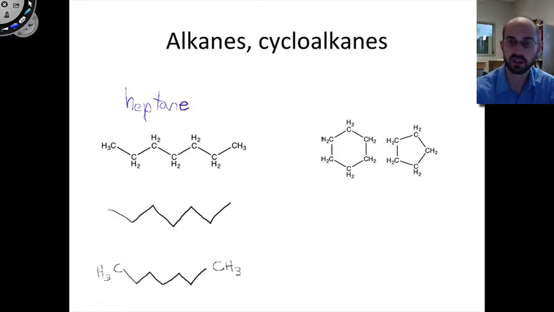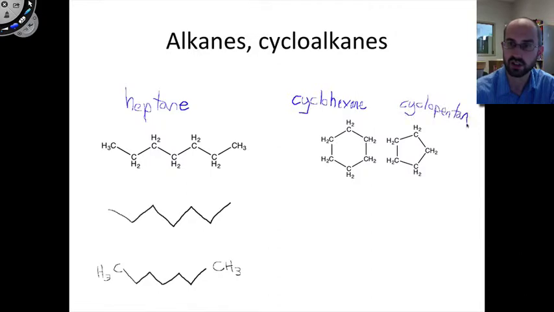Over on the right here, we have a cyclic molecule with 6 carbons. If it were linear, we'd call it hexane. As a cyclic molecule, we call it cyclohexane. 5 carbons is pentane. If it's cyclic, it's cyclopentane.